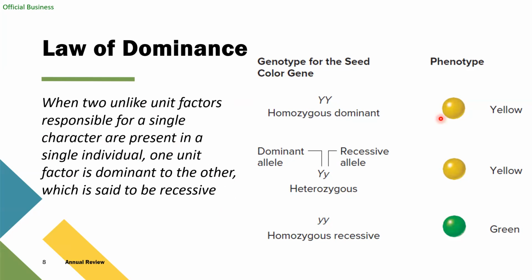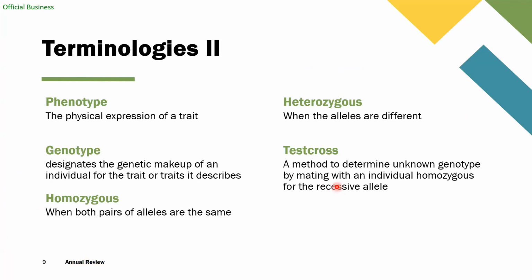So basically, if you have two copies but different types of alleles, one allele is dominant and the other is recessive. And what is actually expressed is the dominant allele. And with this come another set of terminologies. You have the phenotype, which is the physical expression of the trait.